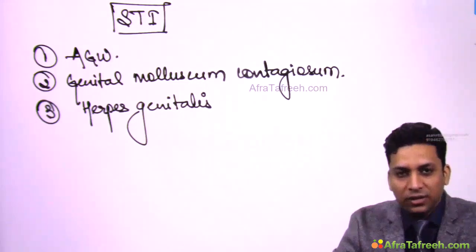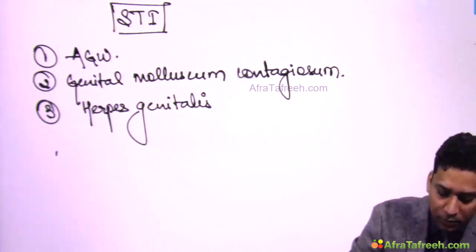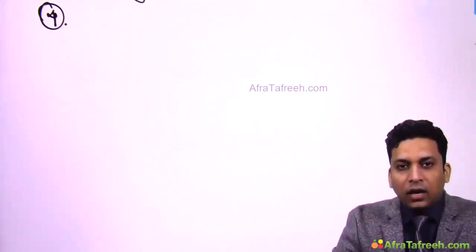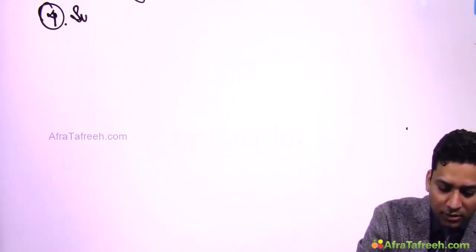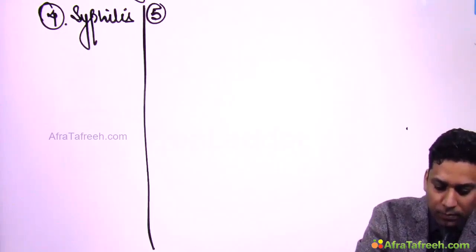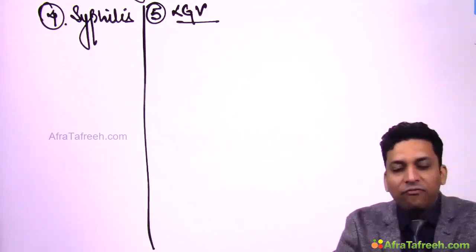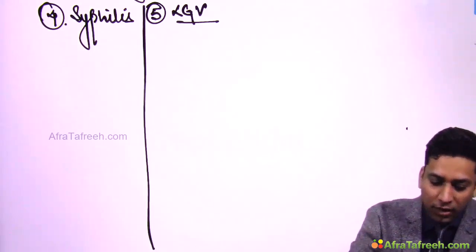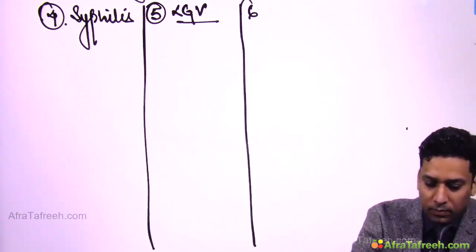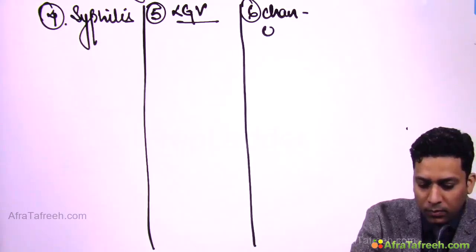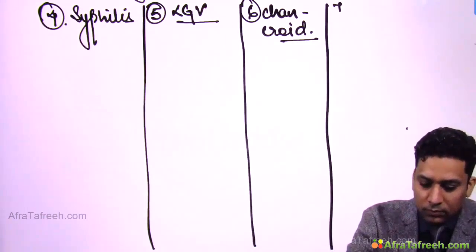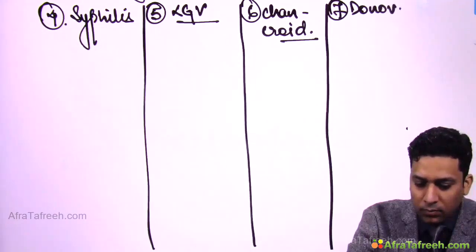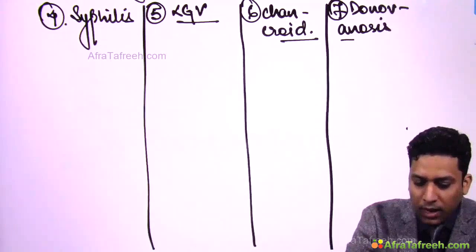Let us discuss other sexually transmitted infections, like the fourth one, syphilis. Now we will be discussing various differentiating features between these sexually transmitted infections like syphilis, LGV, lymphogranuloma venereum, chancroid, and donovanosis.